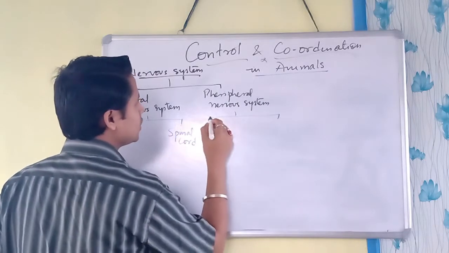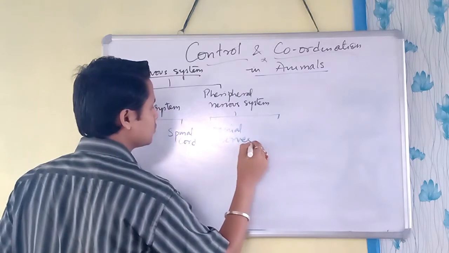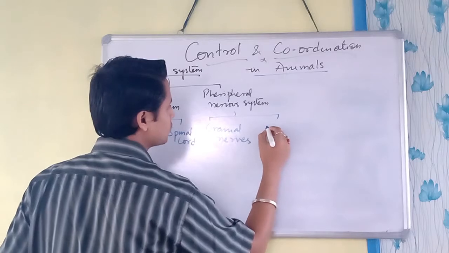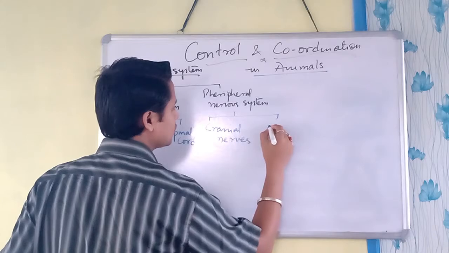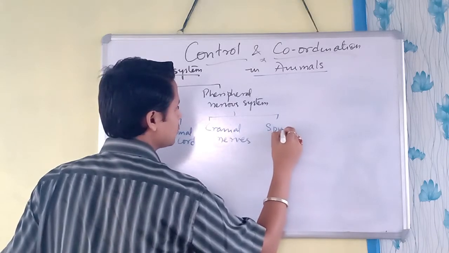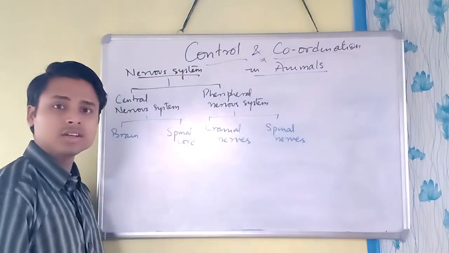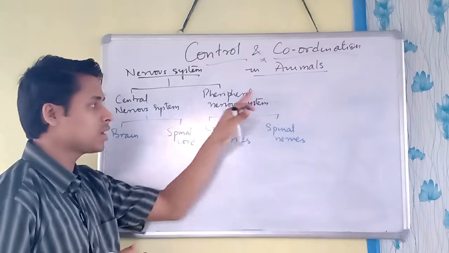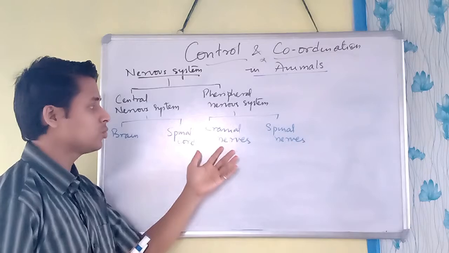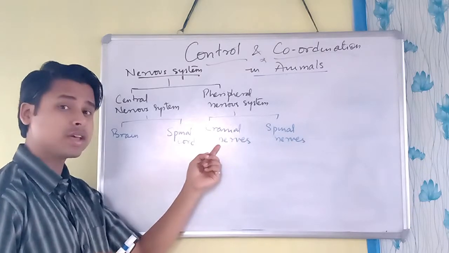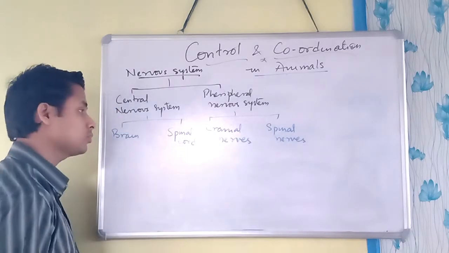The peripheral nervous system is classified into two categories, cranial nerves and spinal nerves, right? The cranial nerves arise from the brain, and the spinal nerves come out from the spinal cord, right?